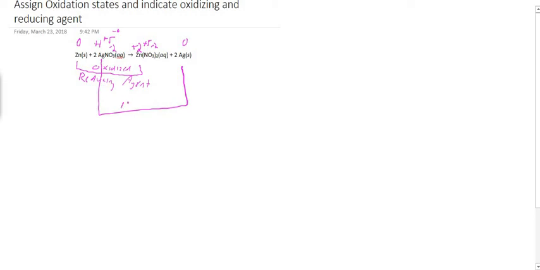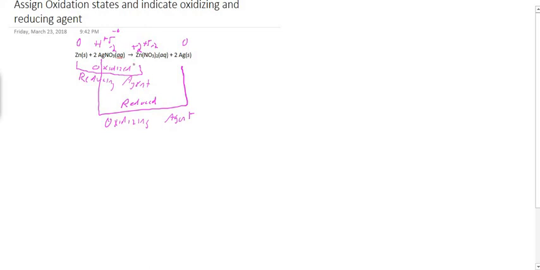Its oxidation state is being reduced, going from that +1 to a 0. So the silver nitrate is the oxidizing agent. Okay, so the silver is being reduced. The silver nitrate is the oxidizing agent.